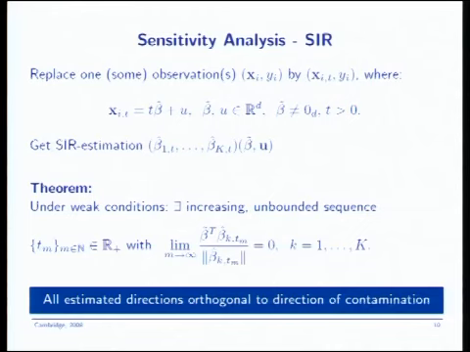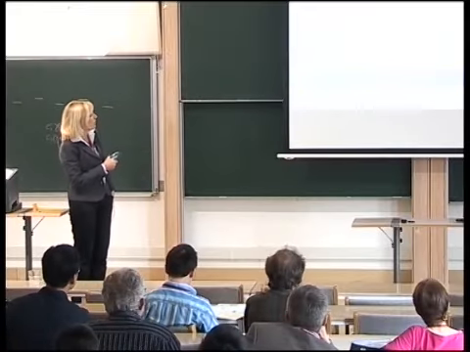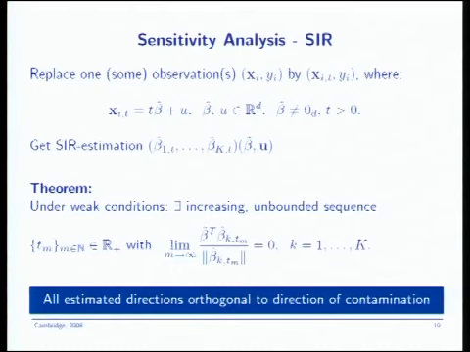Though, as I said, I really find it intelligent, but it remains intelligent because there is a very simple remedy for what happens here. If you just take one of your observations, and for the X part, you contaminate this by shifting this X observation into some direction, say beta tilde.